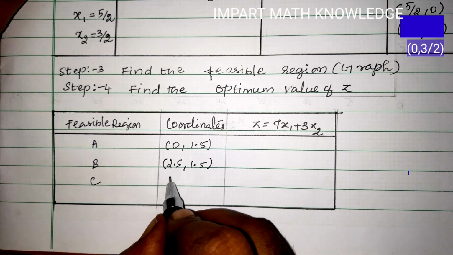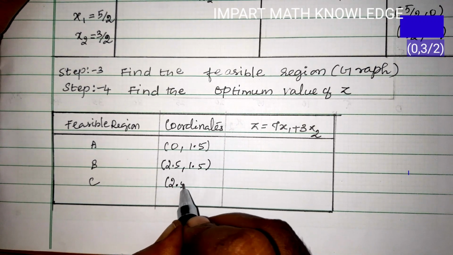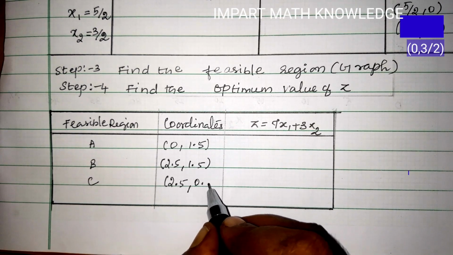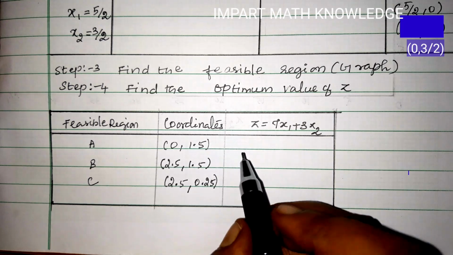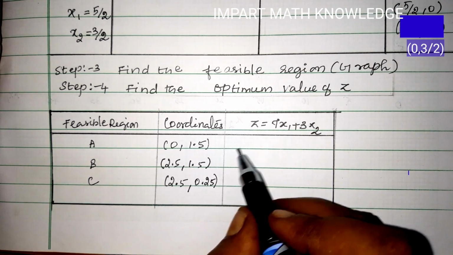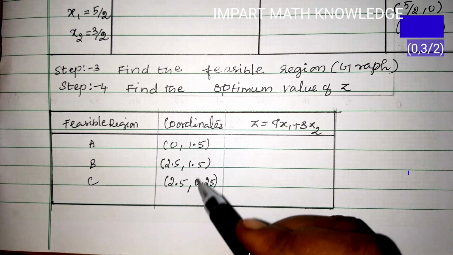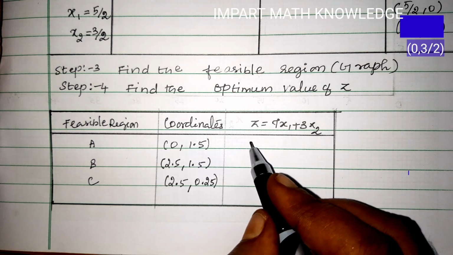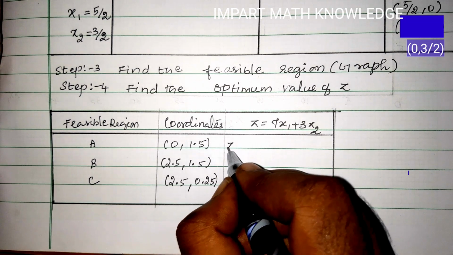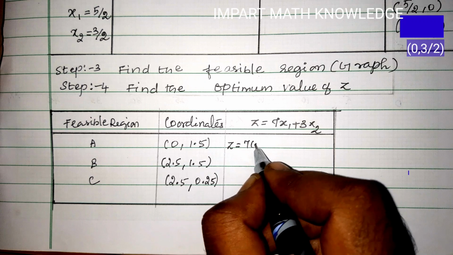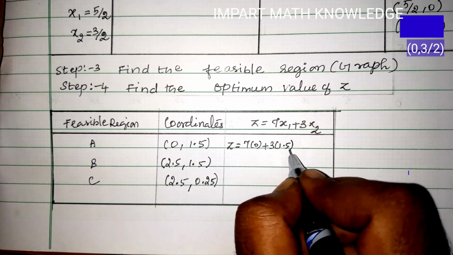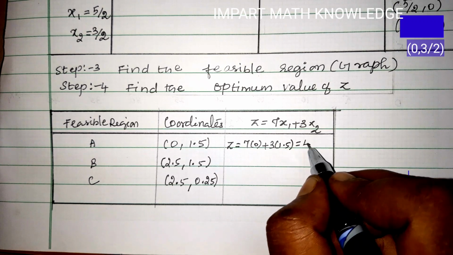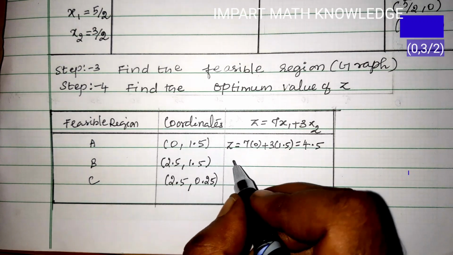And for C, the value is 2.5, 0.25. Now we have to find the Z value for each coordinate. For A, Z is equal to 7 into 0 plus 3 into 1.5. So the Z value is 4.5.